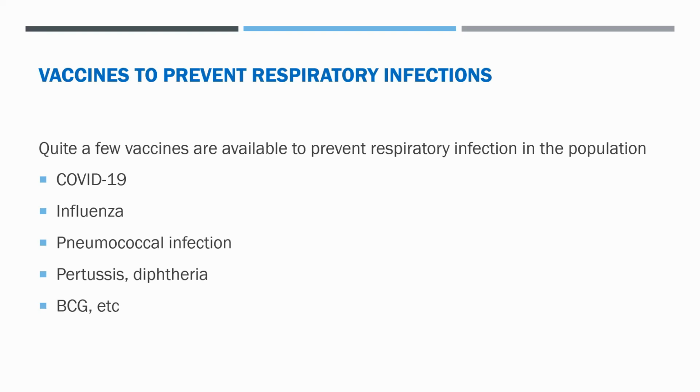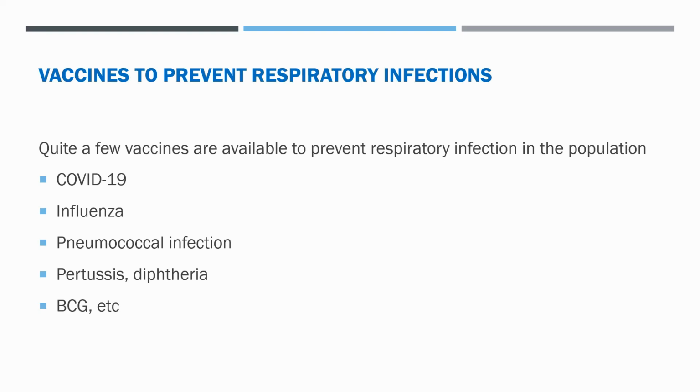And then, of course, BCG vaccination, although by and large it is not very effective in preventing tuberculosis, is being implemented in countries still having a high risk of TB endemicity.